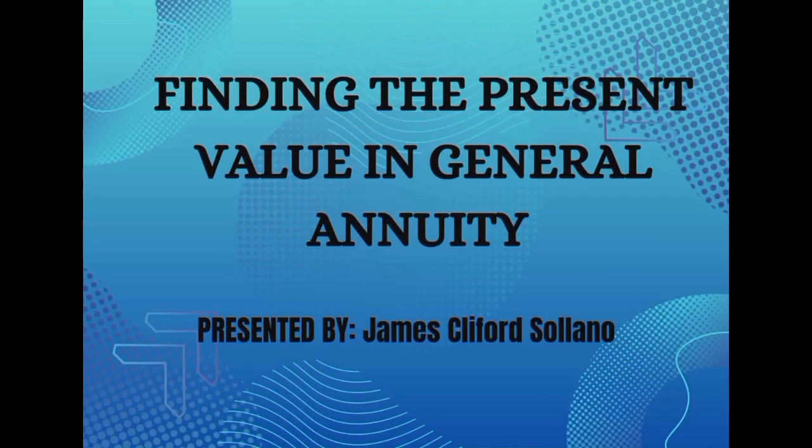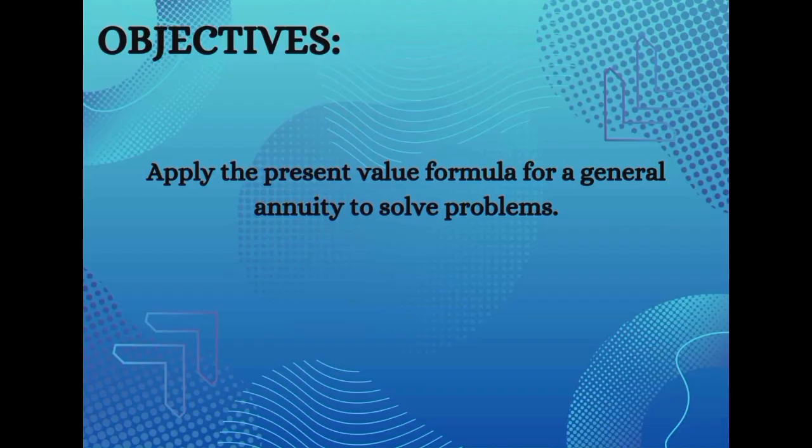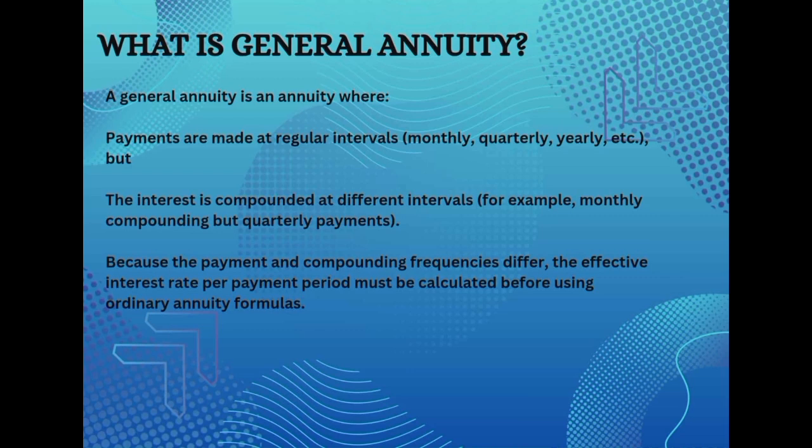Finding the present value in general annuity. Objective: apply the present value formula for a general annuity to solve problems. What is a general annuity? A general annuity is an annuity where payments are made at regular intervals, monthly, quarterly, yearly, etc., but the interest is compounded at different intervals.